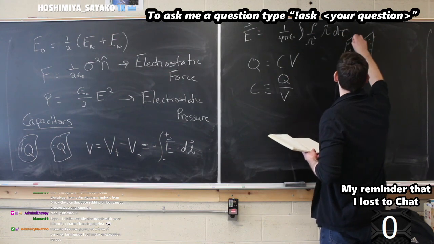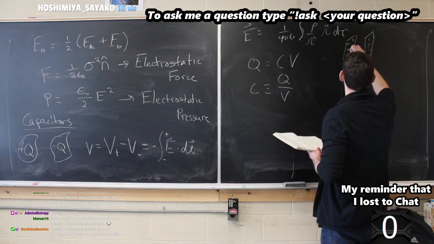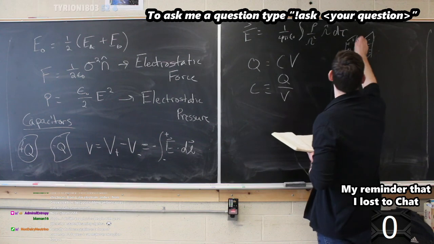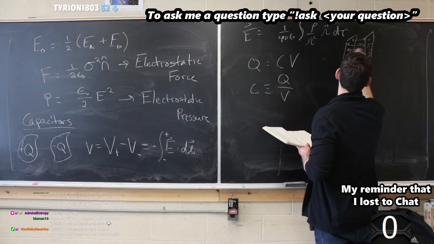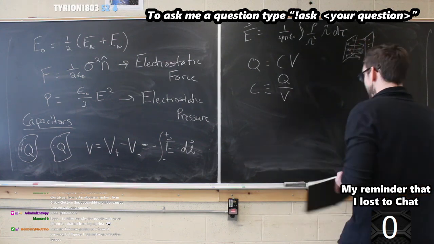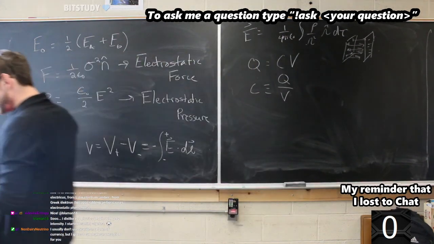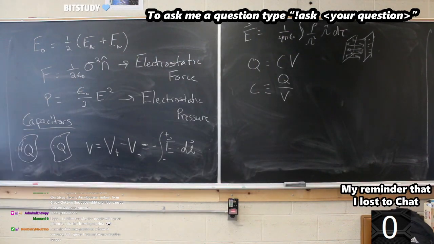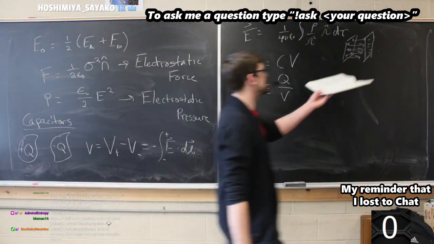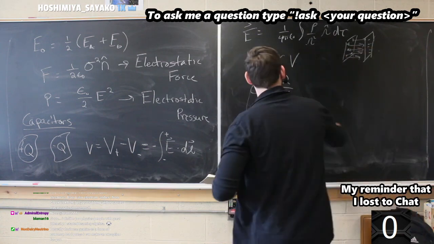You could add them one at a time if you wanted. And every time we do that, there's more electric field showing up here. And what exists in an electric field? Energy.